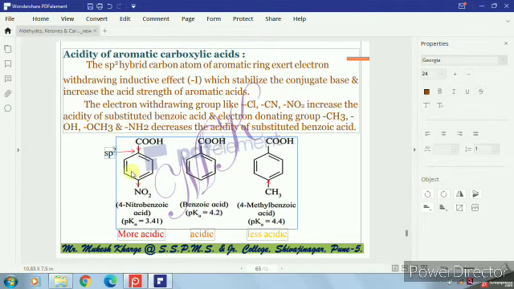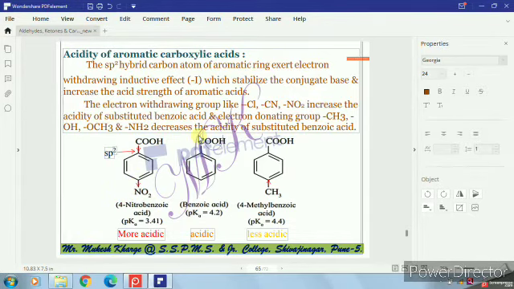So the negative charge at the para position gets withdrawn by this NO2 group, and due to that we get one more resonating structure. That's why the pK value of 4-nitrobenzoic acid is 3.41, which is lower than benzoic acid. This indicates that 4-nitrobenzoic acid is more acidic than benzoic acid, because we attached an electron withdrawing group.